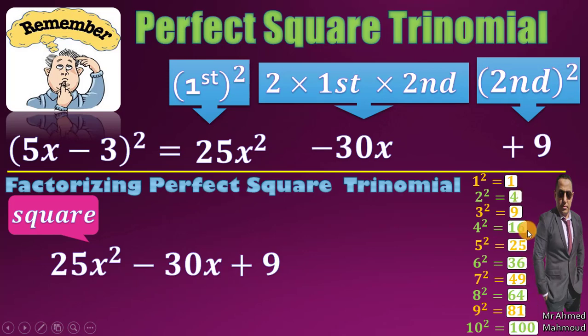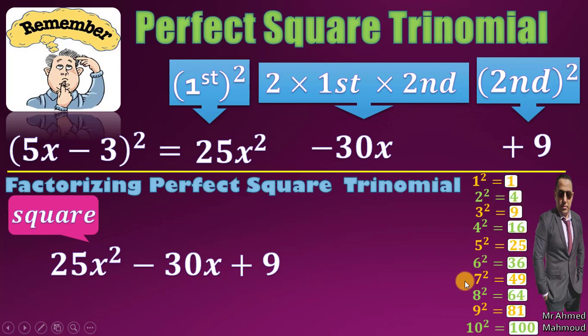All of these numbers are squares because if I take the root of any of these numbers, it gives me a whole number. For example, root 1 equals 1, root 4 equals 2, root 9 equals 3, root 16 equals 4, root 25 equals 5, and so on.